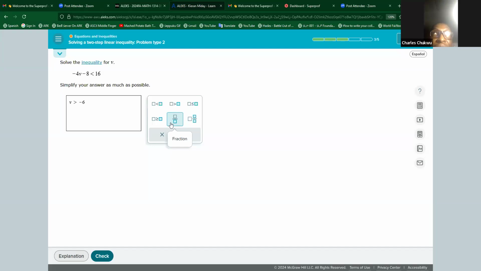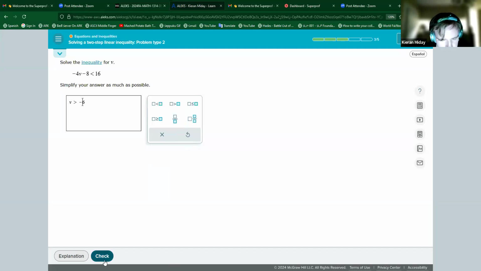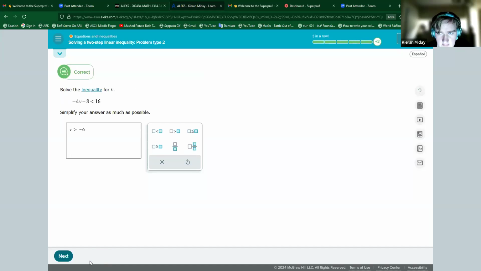So that's going to make the answer negative. Because division is just the reverse of multiplication. So the same rules apply.